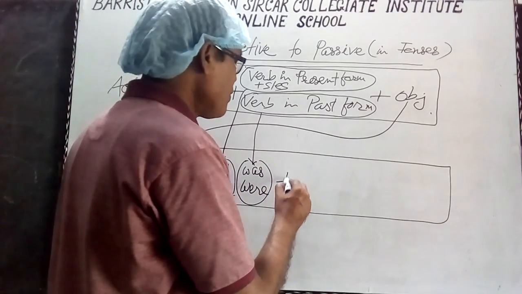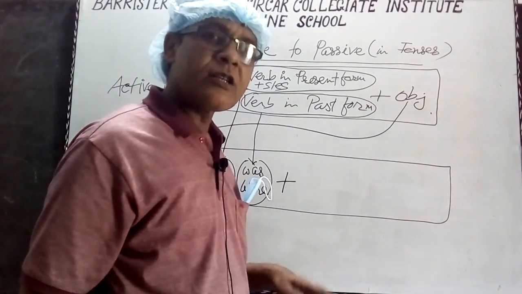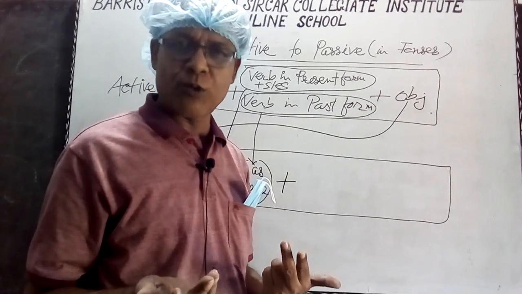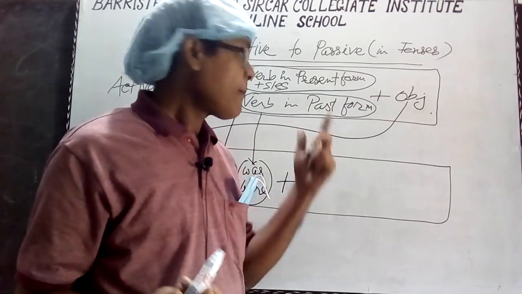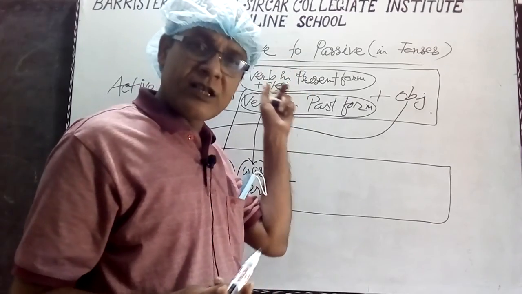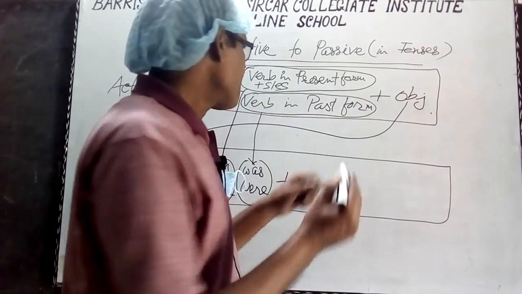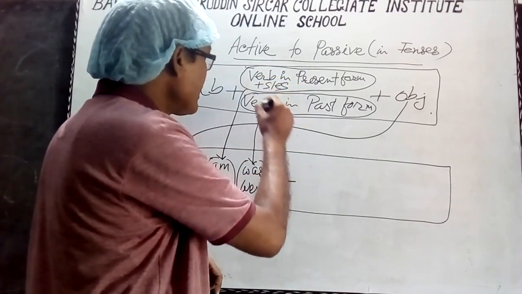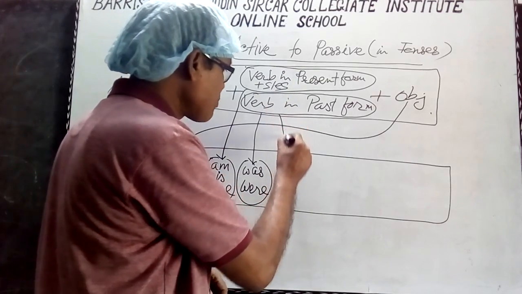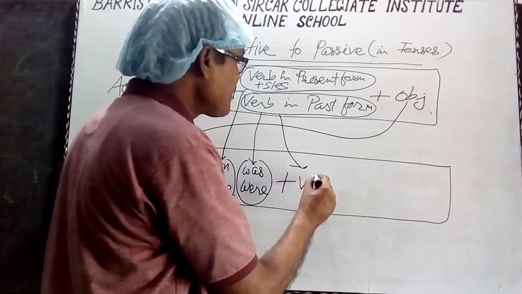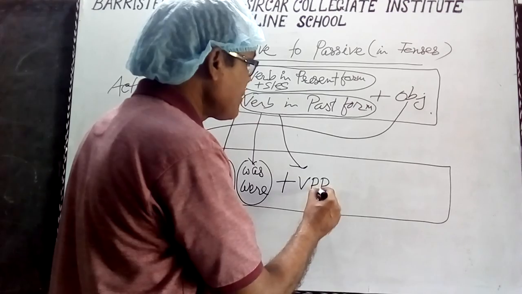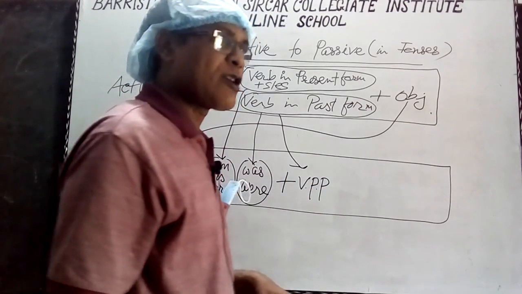And we know in the passive voice verb is always in the past participle form. In the passive voice, the main verb, the principal verb will be in the past participle form. So this verb will be changed into past participle form. Verb in the past participle, VPP.